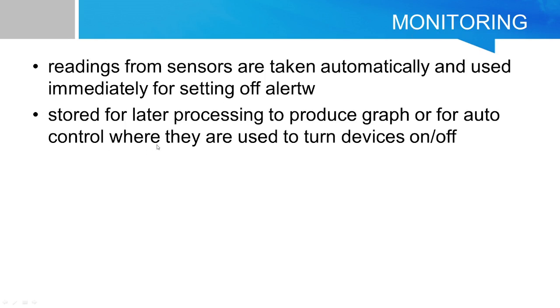It is to monitor. Let's say, for example, when we are talking about the temperature, every day the sensor is going to check the temperature of that particular environment, and it is saved in the computer.